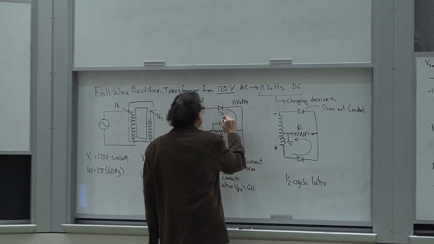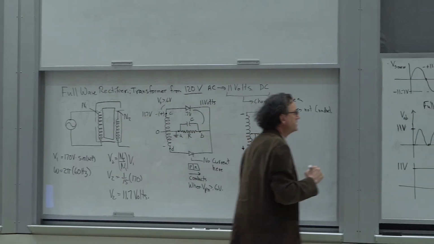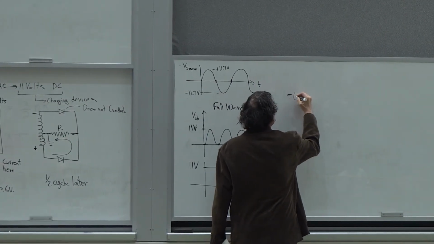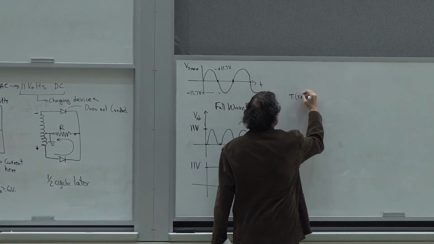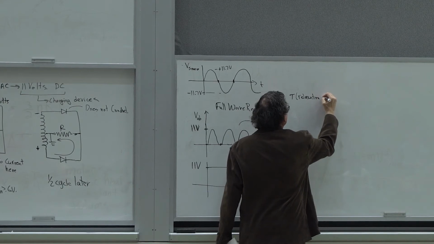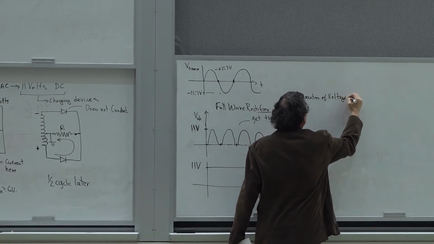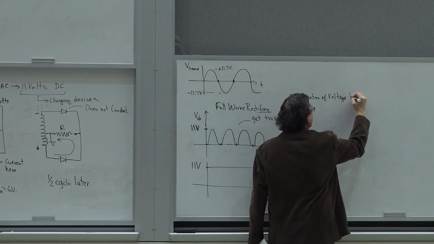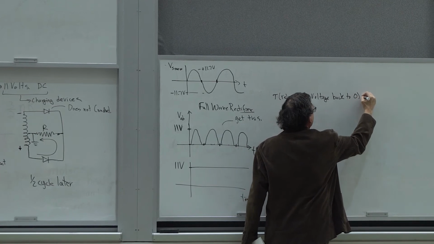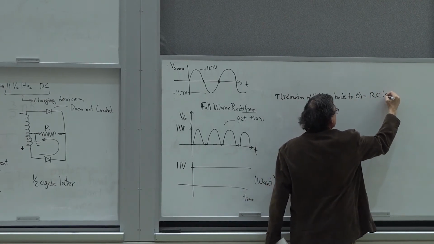This is called an RC circuit. And the RC circuit has a time constant. The time constant, or tau, which is what we'll call the relaxation time, the relaxation of voltage back to zero, is given by the product of R times C, which is in units of seconds.